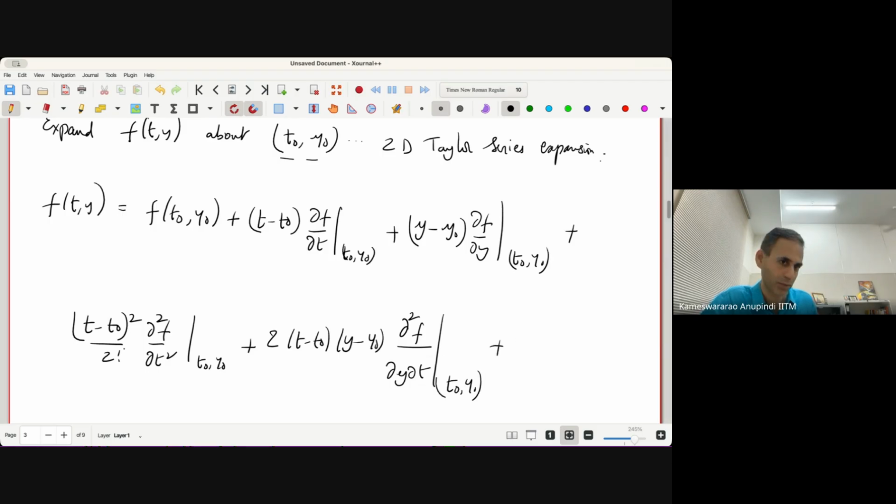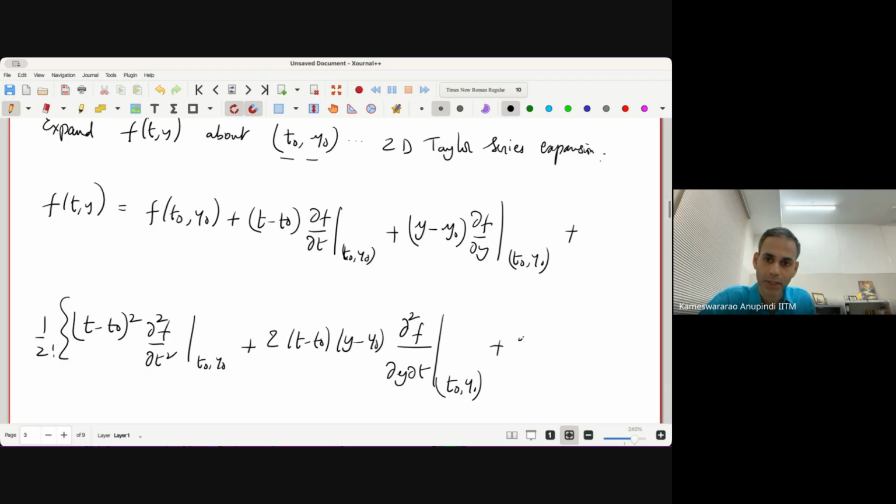I don't have to write the 2 factorial separately, so I should say 1 by 2 factorial times this, okay, that is better.